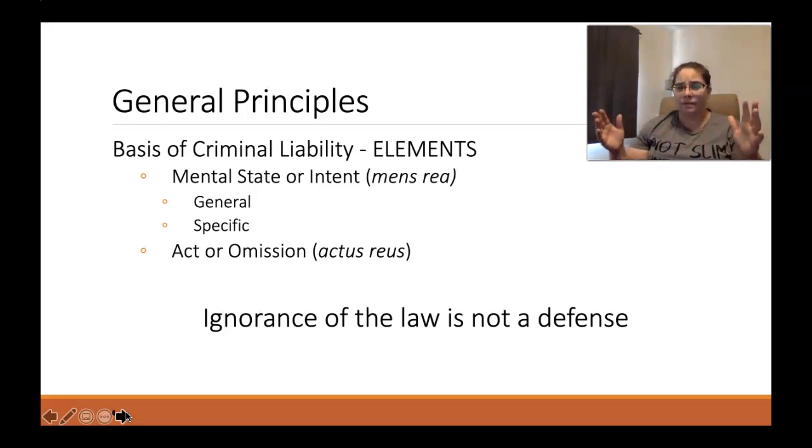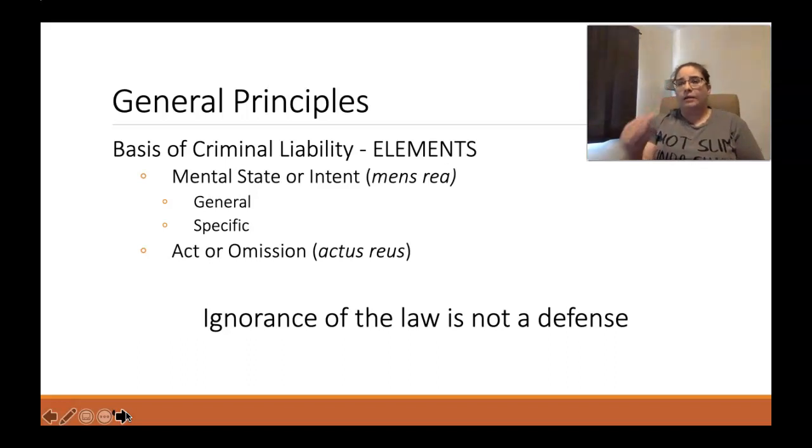There are some crimes that are general intent crimes. What that means is that you don't, in any scenario, have to intend to break the law. But a general intent crime requires that you commit a volitional act. So let's say I'm driving my car and I see a person that I really dislike.